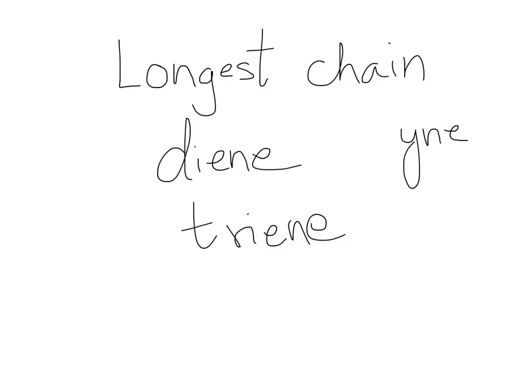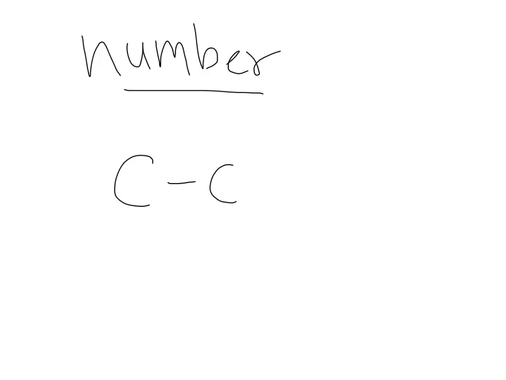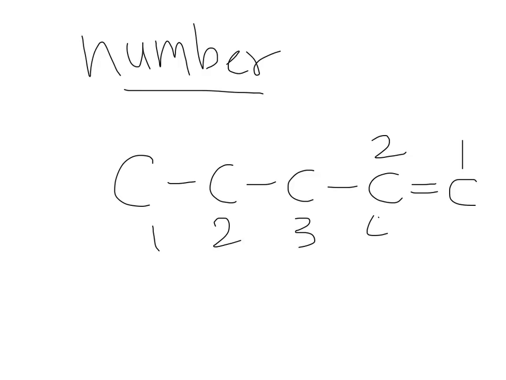Then number the carbon atoms in the main chain, but you should number it so that the multiple bond is at the beginning of the chain. Meaning, if you see an alkene that looks like this, this should be 1 and 2 as opposed to 1, 2, 3, 4 and 5.